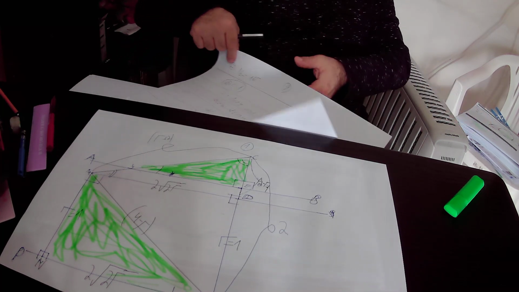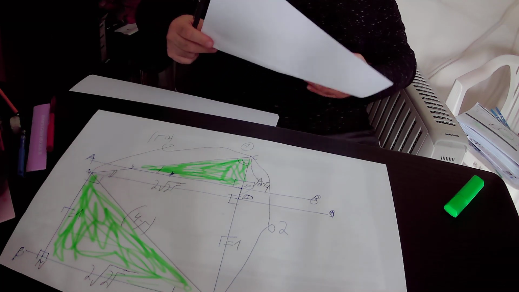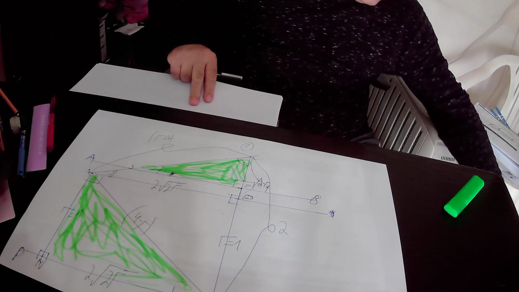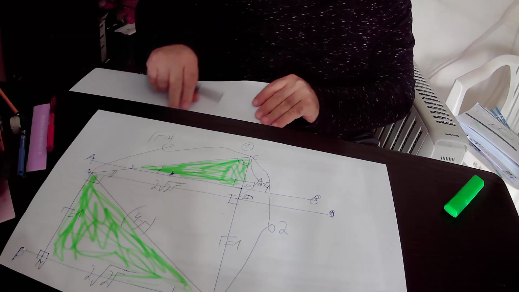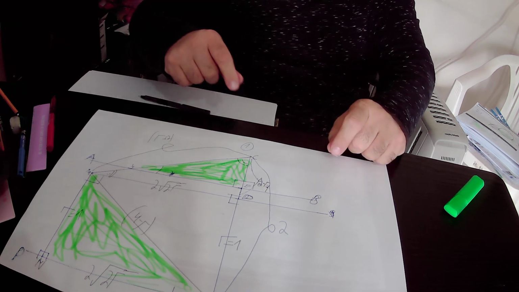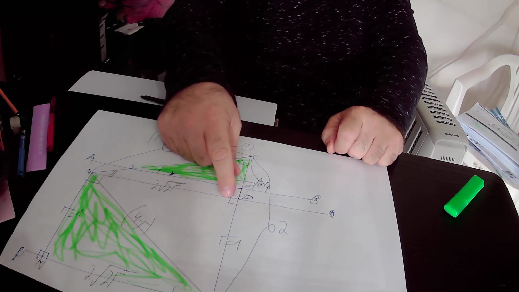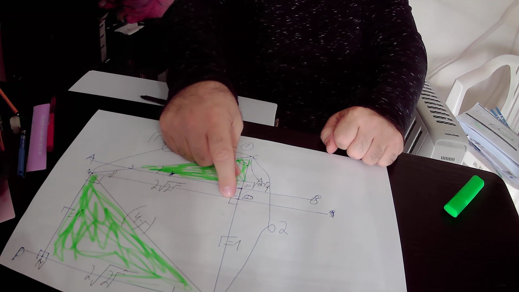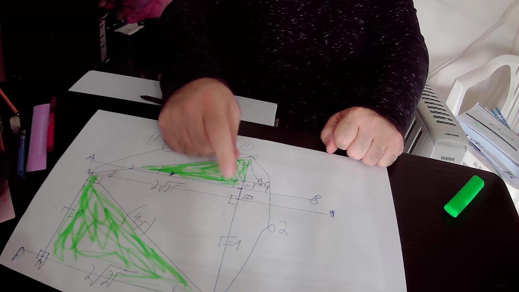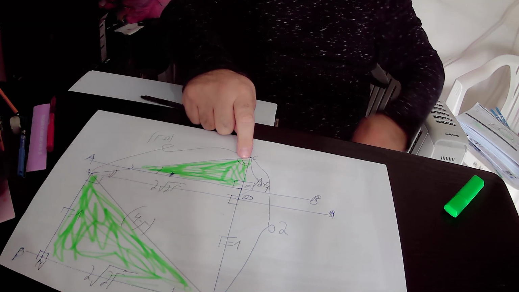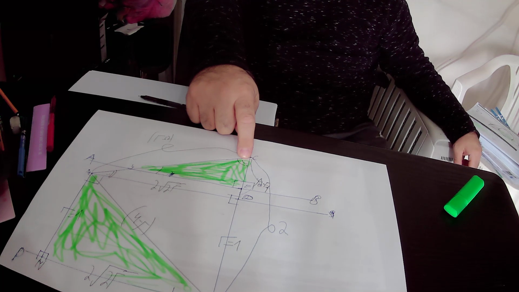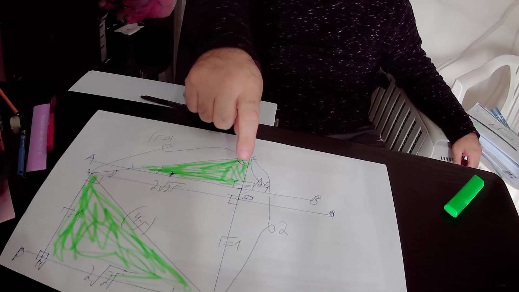And here we actually proved that those two angles are congruent. So this is the first pair of angles that are congruent, and this angle equals itself. So this is the second pair of angles that are congruent in those two triangles.